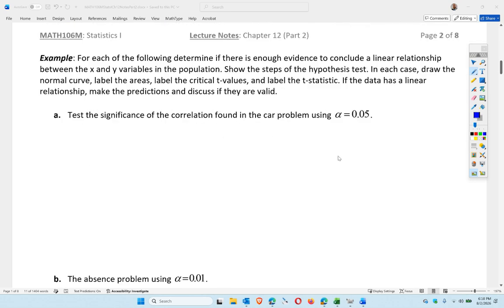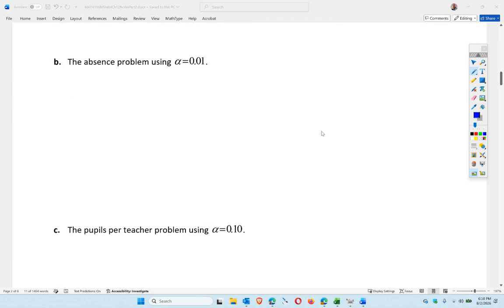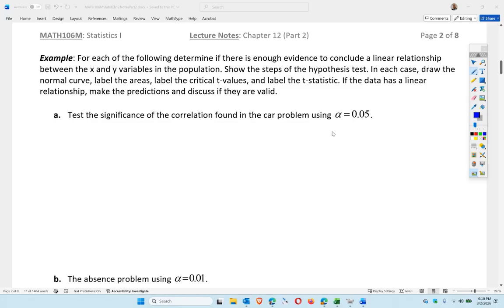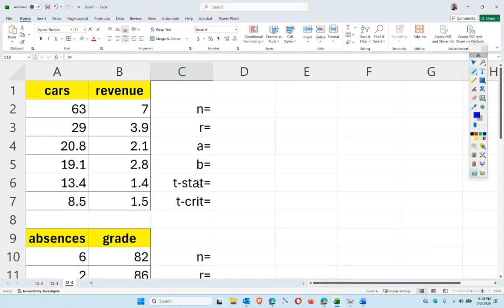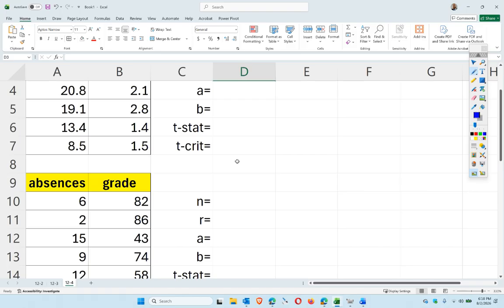Okay, so we're going to do the car problem, the absence problem, and the pupil problem hypothesis test, essentially. I made another tab in my spreadsheet, and I copied over the data here. So n here is, how many do I got here? 6, right? Actually, I don't even need to do this.